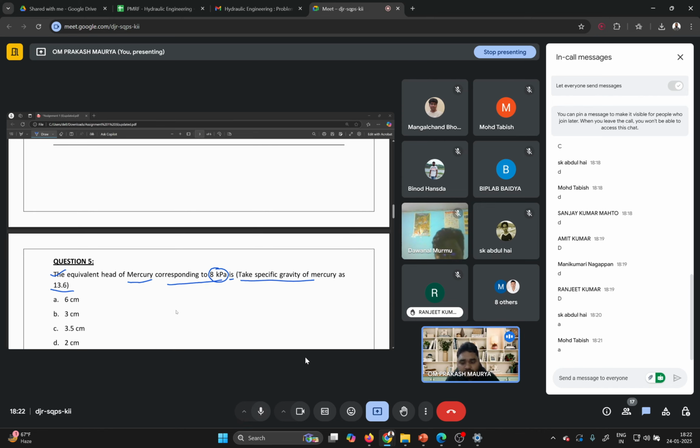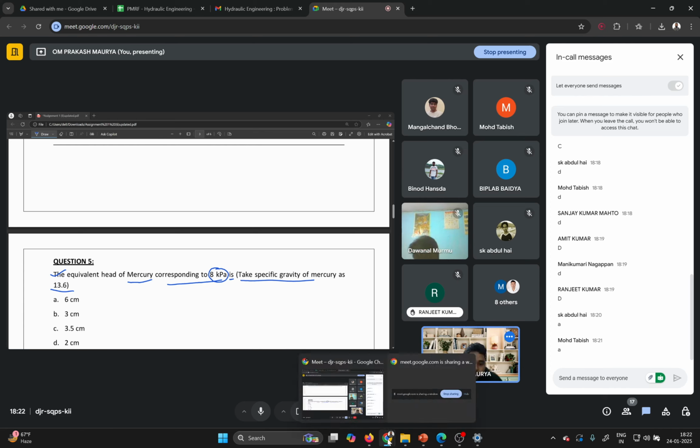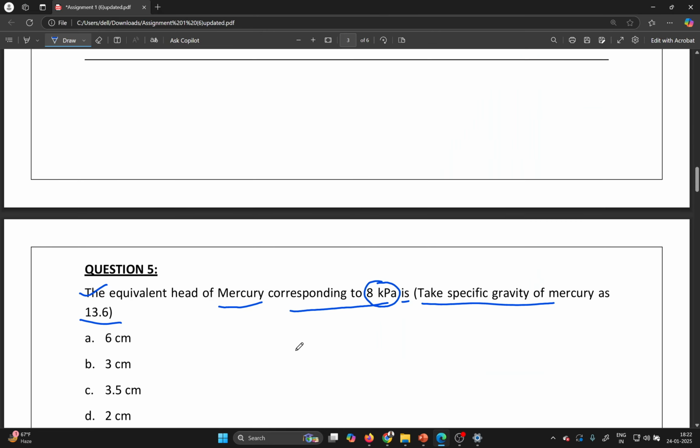Now I want to solve this question, so please everyone focus. We are talking about the equivalent head of mercury corresponding to 8 kilopascal. Your pressure is 8 kilopascal, you can say 8,000 pascal.